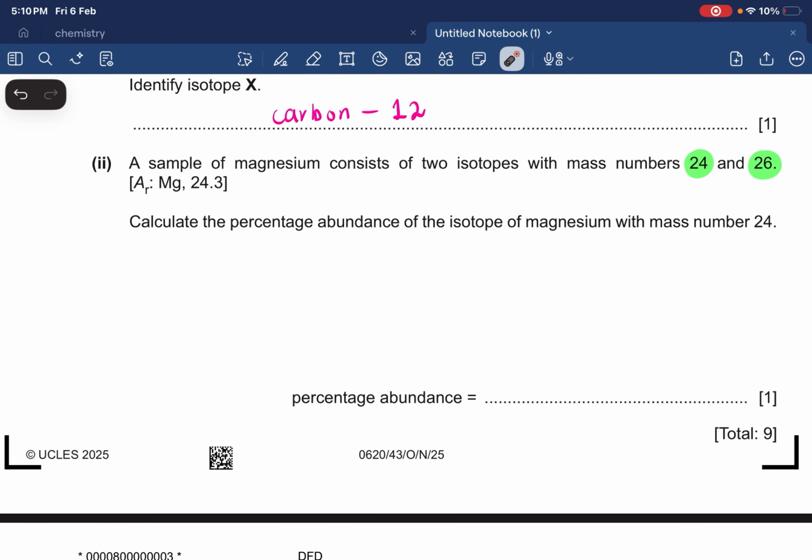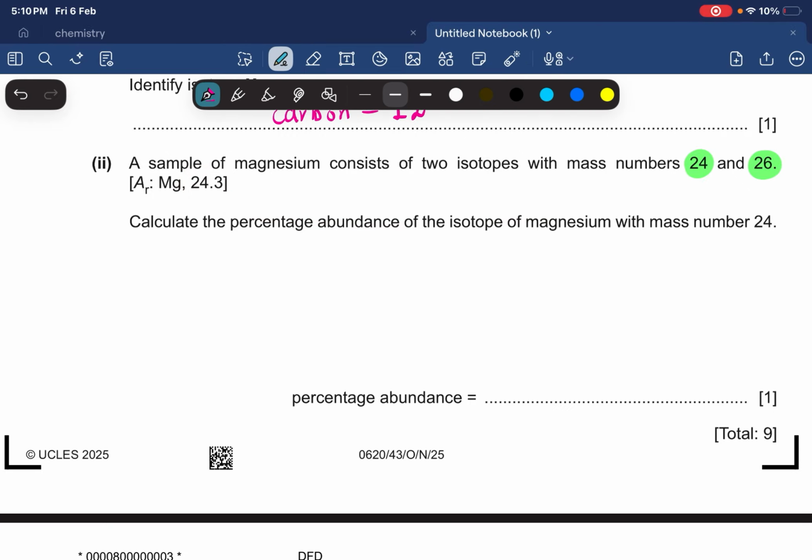Okay. A sample of magnesium consists of 2 isotopes, this and this. Calculate the percentage abundance of the isotope of magnesium with the mass number of 24. So we have to calculate the percentage abundance, and 24.3 is the Ar. Okay, so you got to understand one thing, 24 and 26, right?